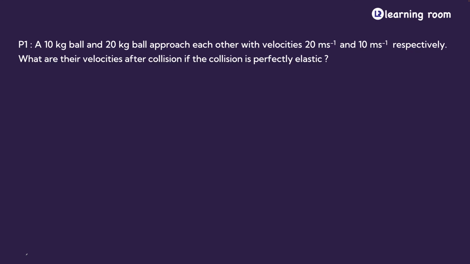See, why do you want to sit and derive? We already have a ready-made expression for it. V1 is equal to, I told you how to remember also: M1 minus M2 divided by M1 plus M2 into U1 plus something into U2. The denominator will be M1 plus M2, M1 plus M2. Numerator alone you need to remember. Do it fast.